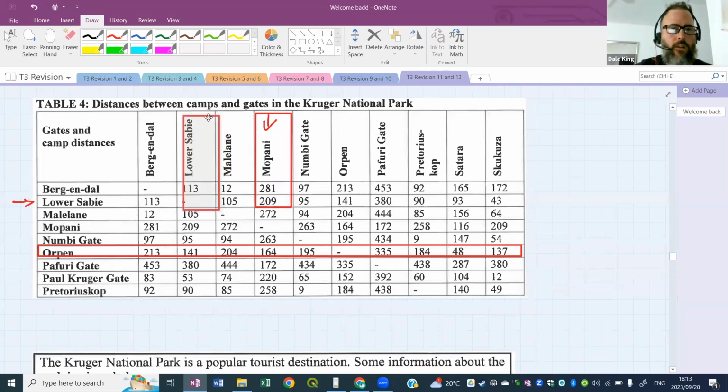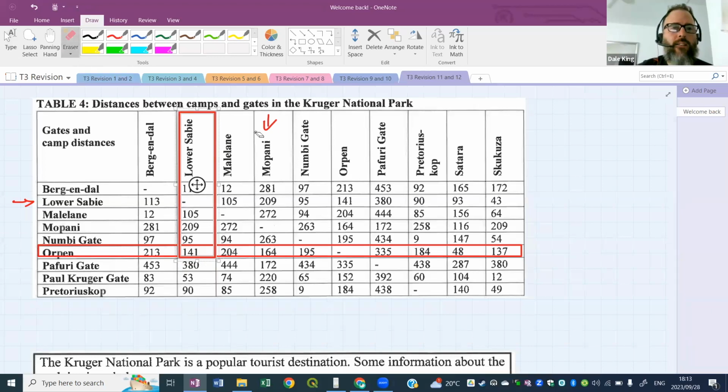Let's see. We need Lower Sabi and we need Alpen. So it's 141 kilometers. And they say it's via Satara. Oh, okay, we don't need a scale for this.